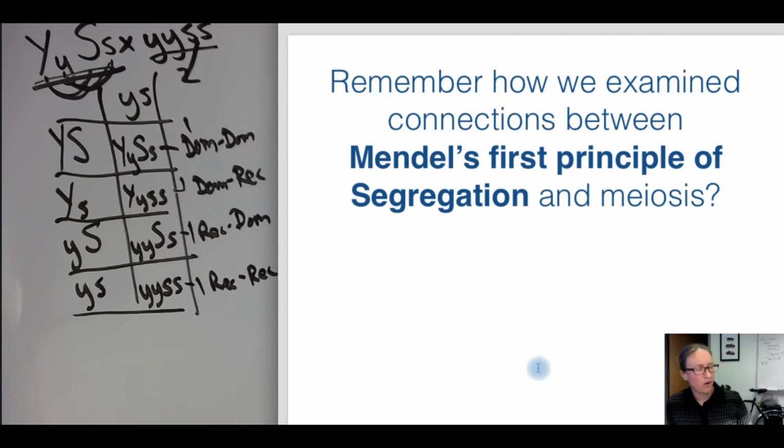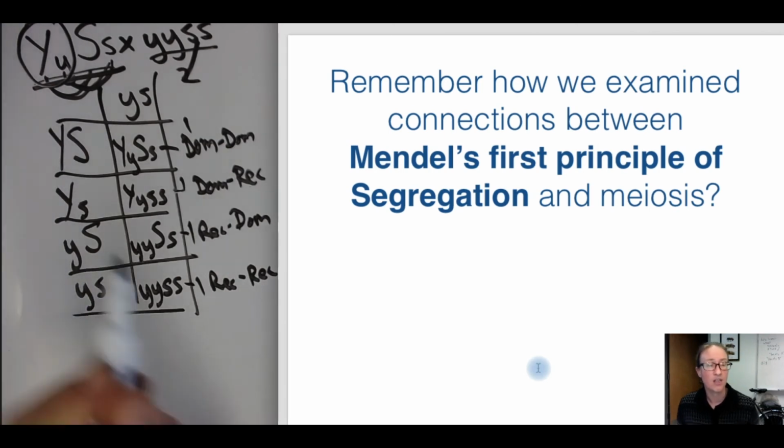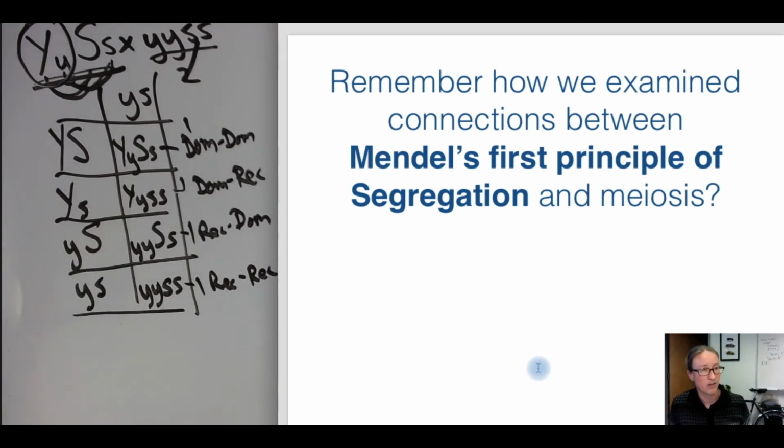Okay, now I want you to think back to how we examined some connections between Mendel's first principle of segregation and how that relates to meiosis, right? So that's the idea that the two alleles, when you're considering a single trait, separate from each other, and offspring inherit just one allele from each of their parents, right?